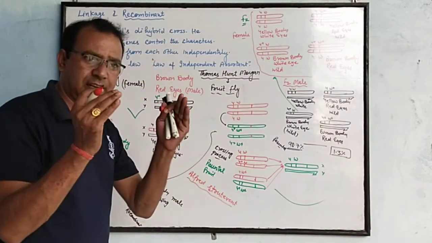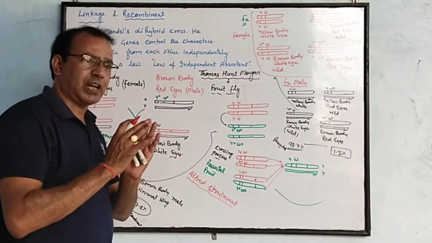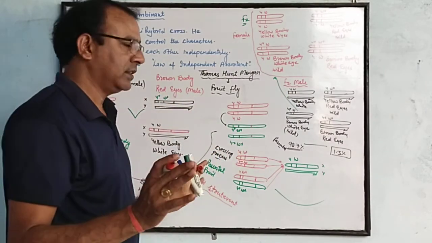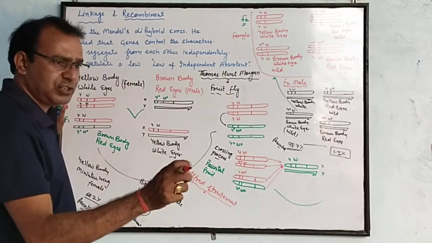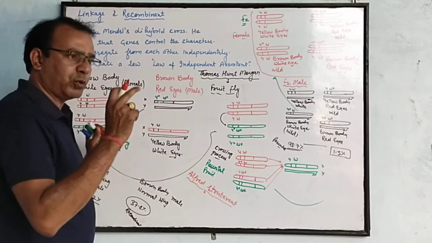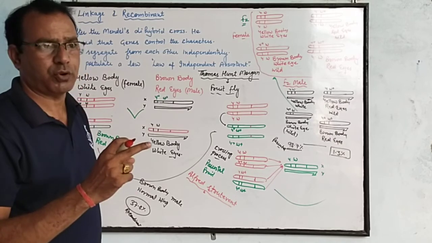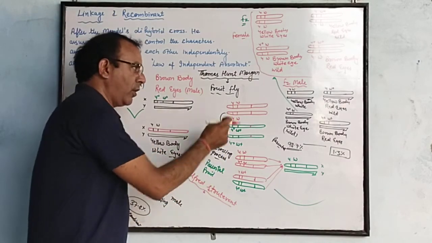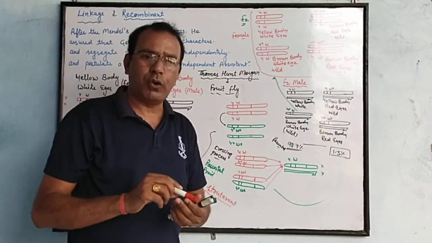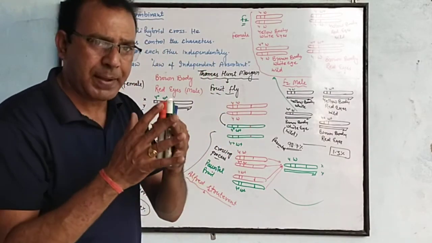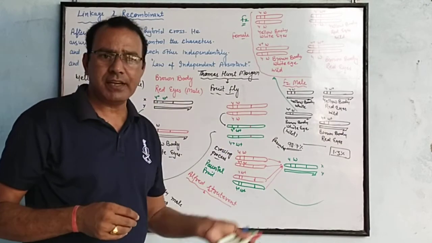He showed that if genes are tightly packed, less variation can take place, and if genes are loosely packed, with a large distance, the chance of variation is higher. If they are tightly packed, there is less variation and fewer recombinants. If loosely packed, with a large distance, they show higher recombinants.